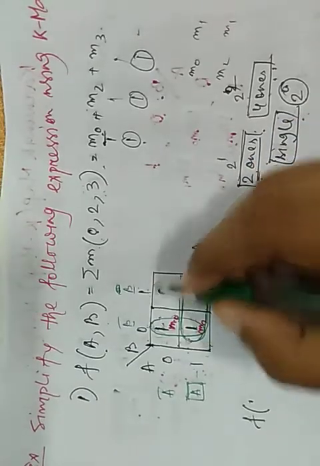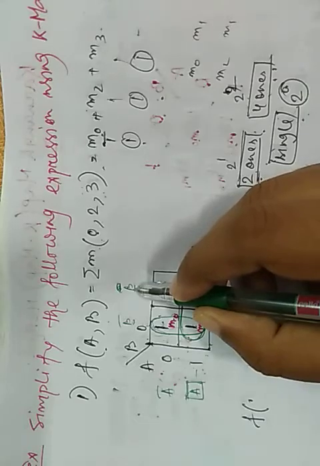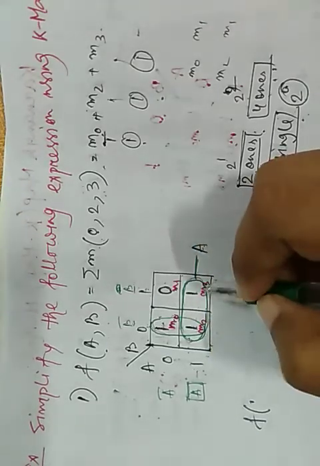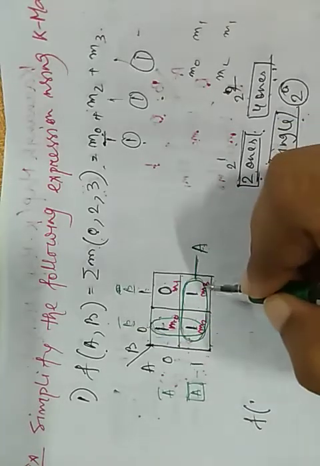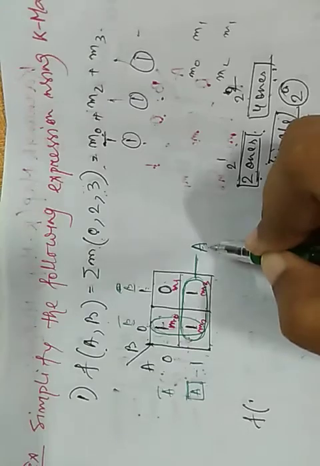For the vertical column we can't take any variable, because it contains separate variables, B bar and B, and we take the horizontal value only because it contains a single value.